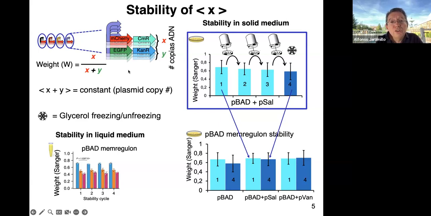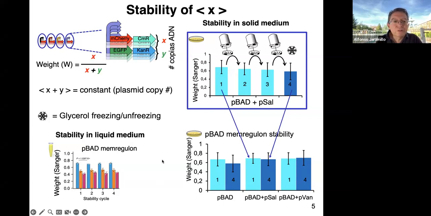The weight is the number of copies of the red, X, divided by the total number of copies, which is the plasmid copy number, and which is constant across cell replications. What is interesting to show here is that the denominator is constant, but also the numerator is constant, and this weight shows that constancy.